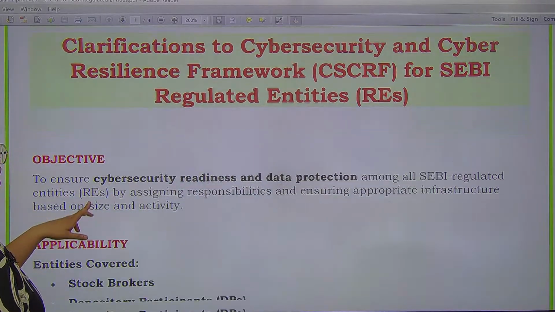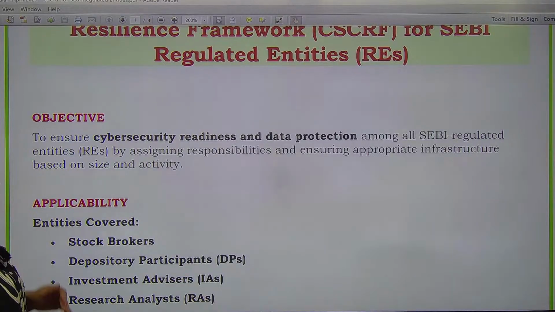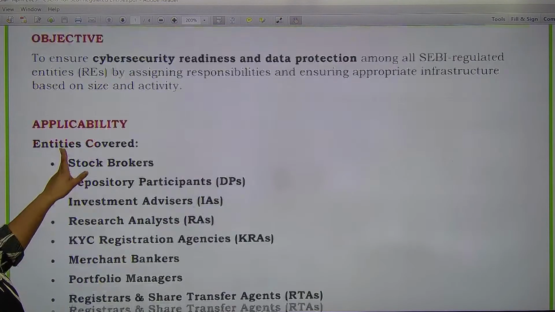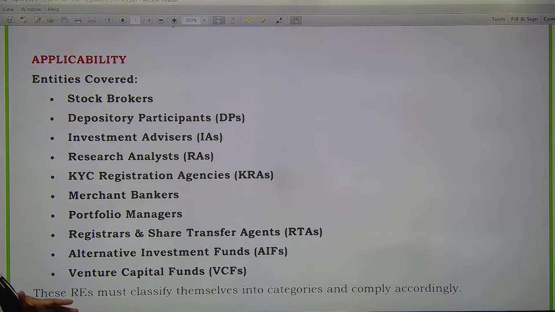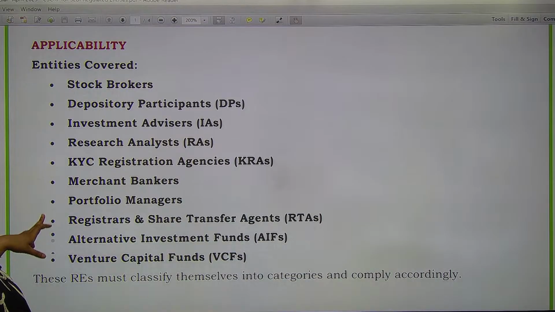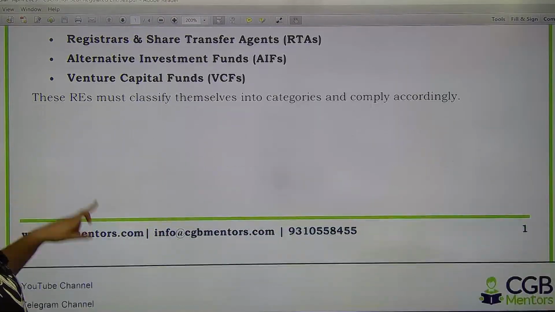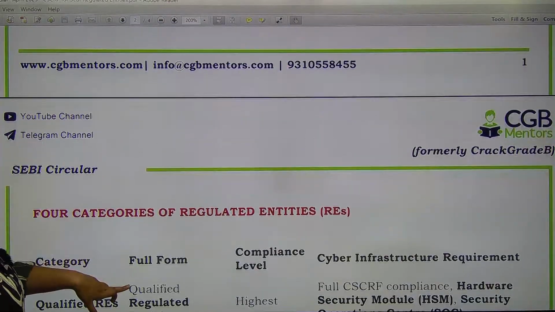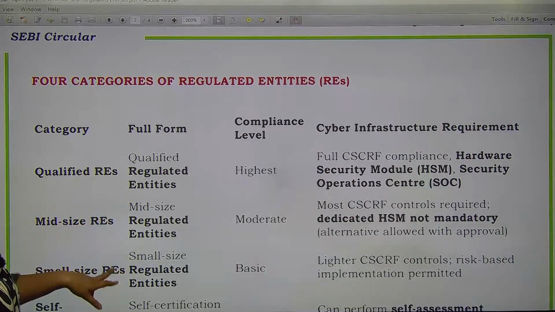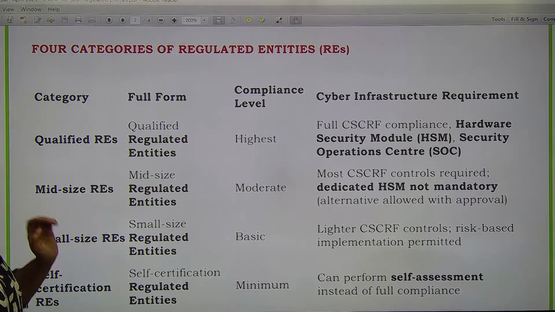Now see, the objective is to ensure cyber security readiness and data protection among all SEBI regulated entities who are covered over here: stockbroker, depository participants, KYC registration agencies, merchant bankers, venture capitalists, etc. But we have to see some specific entities over here. So let's see this.